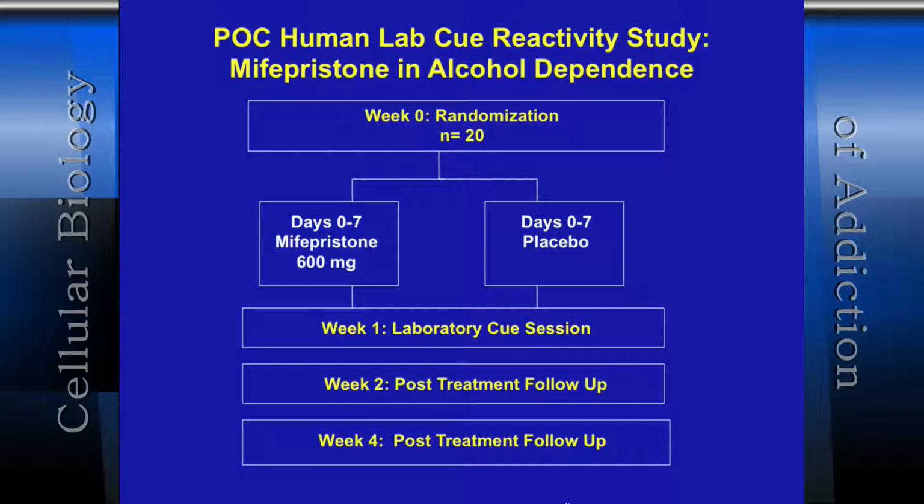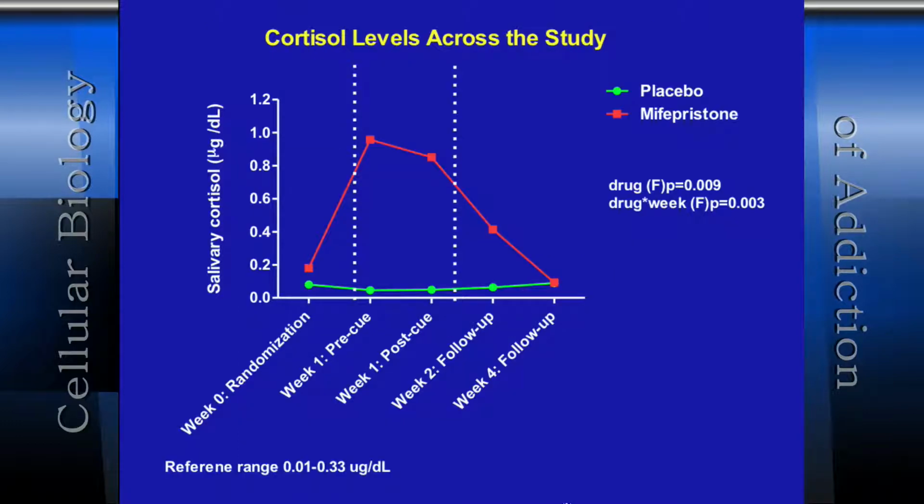So on this slide, this is one of our ancillary measures of compliance, because you'll see their cortisol levels in the Mifepristone group in red did not differ from placebo before they were given the drug, but after 1 week on drug, they had like a 5-fold increase relative to placebo, which 1 week off drug was going down, and by 1 month off drug had returned basically to normal.